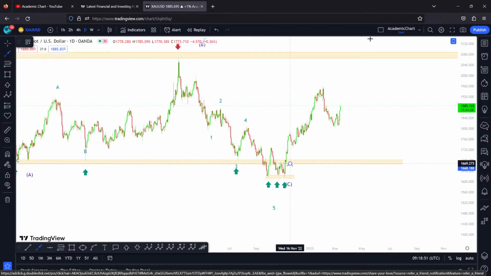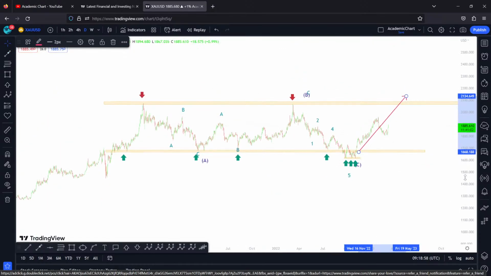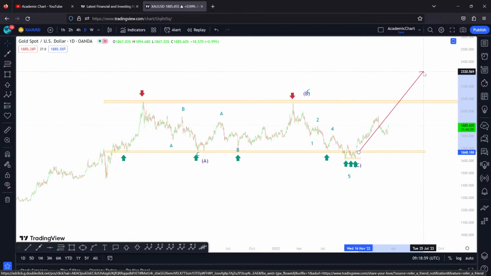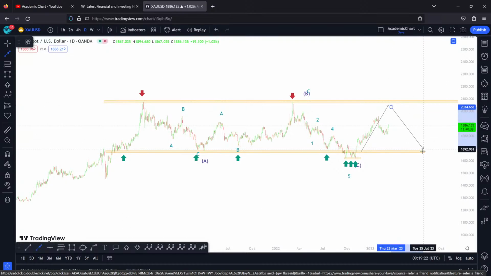Regardless of whether it is going to be a very impulsive, powerful move to a very high value of gold, or just a reversal, coming back to this area and playing around within this range market, that can be interpreted because this flat can be combined as a combo wave.